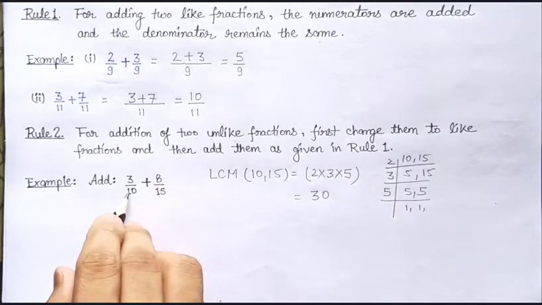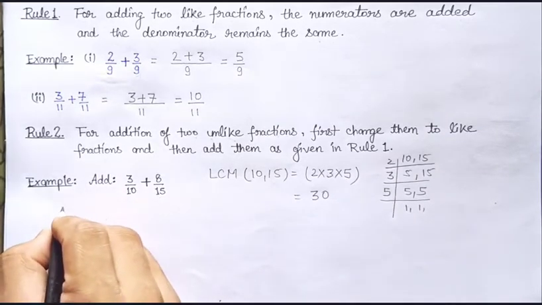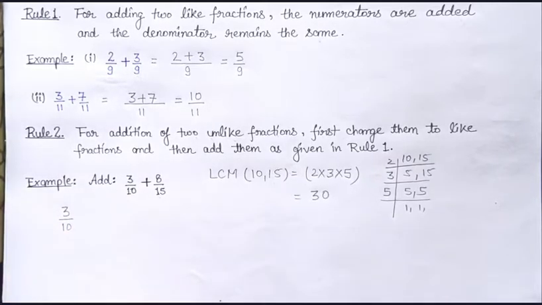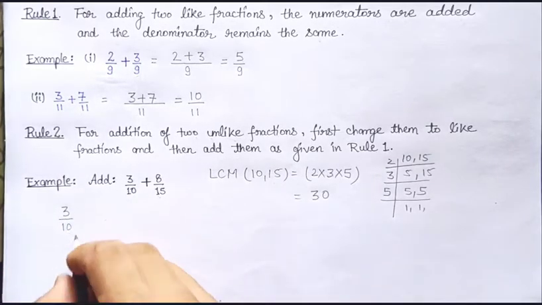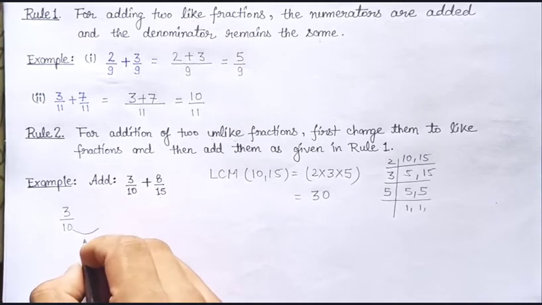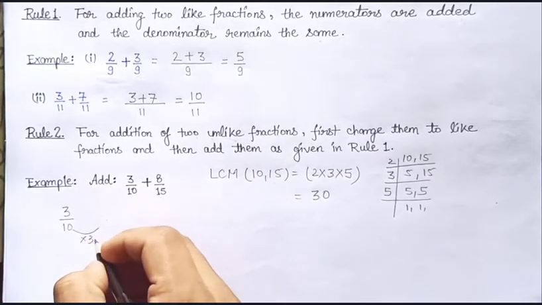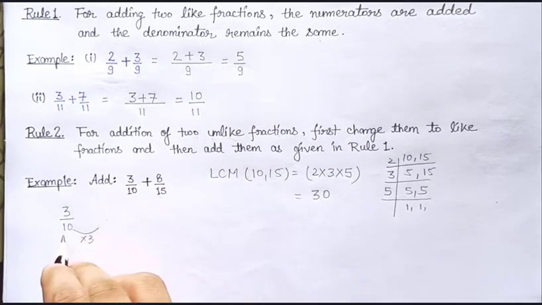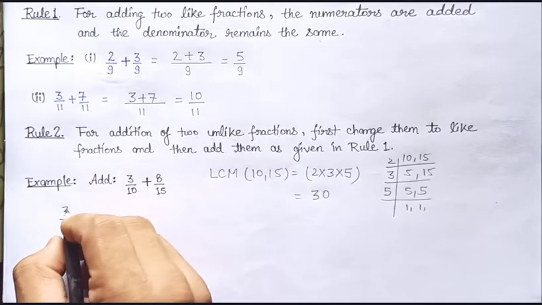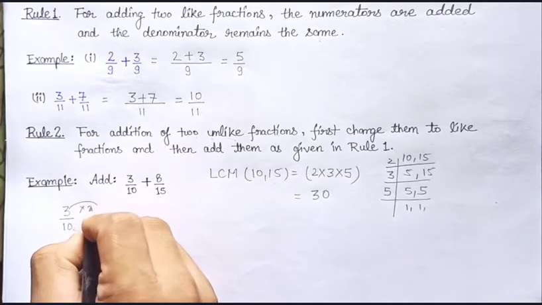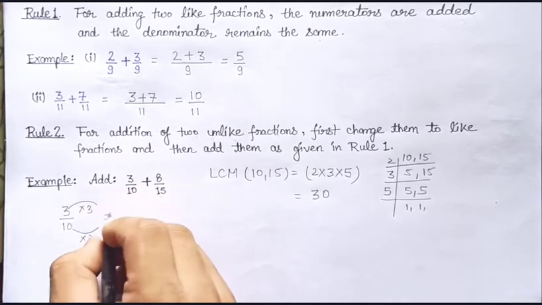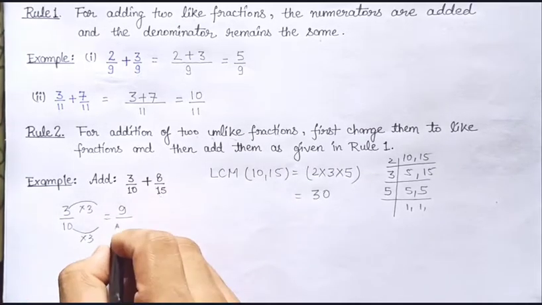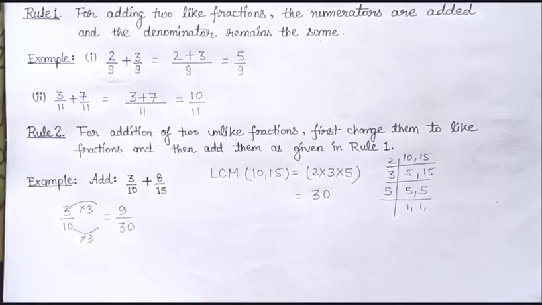Now we have to convert these two fractions into like fractions. We have the fraction 3 divided by 10. Now students, when we multiply 10 by 3, it gives the result 30. And if we multiply the denominator by 3, then we also multiply the numerator by 3. So we have 3 into 3, that is 9, divided by 10 into 3, that is 30.